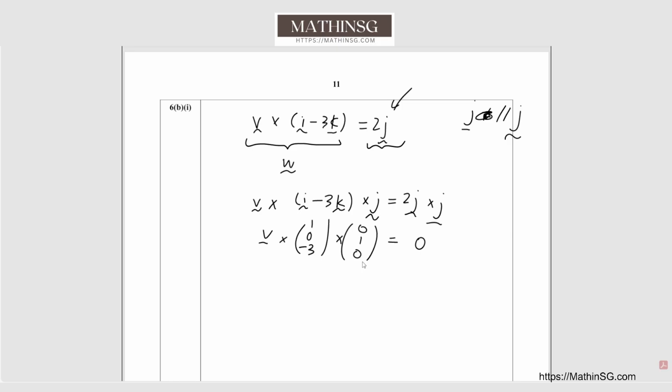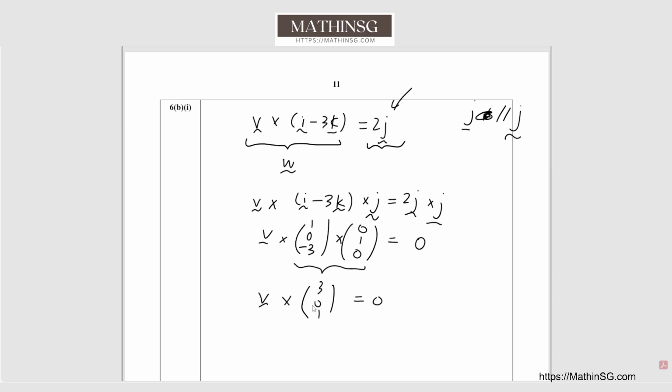Once you have done this, the next thing you need to do is a cross product for this one. So let's do a cross product for this now, and you will get 3, 0, 1.